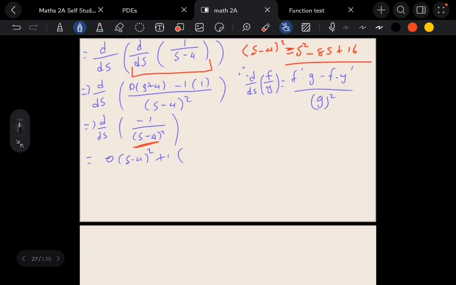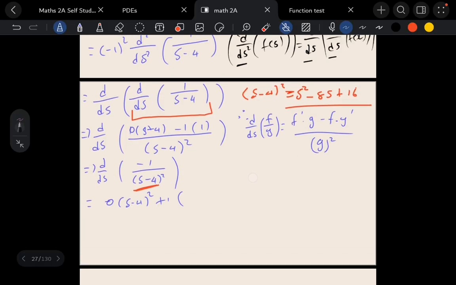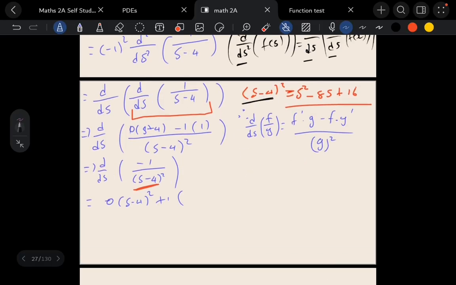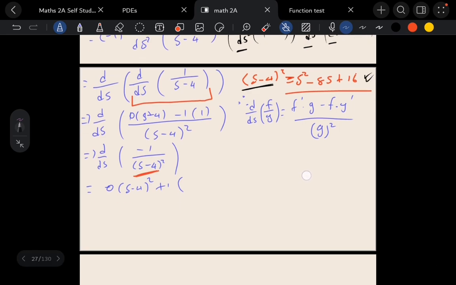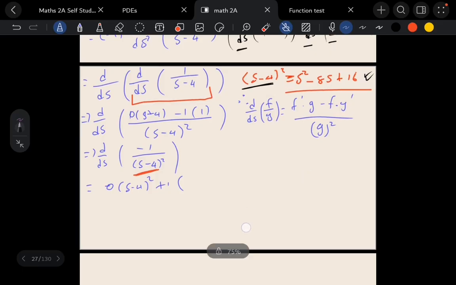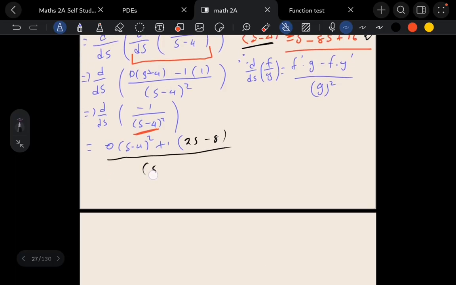So I am going to derive your denominator. What is the derivative of the denominator there? You must not derive the bracket, but you must derive what is simplified. So what is the derivative of s squared minus 8s plus 16? That is just 2s minus 8. And then divide this by s minus 4 squared, and all squared again.